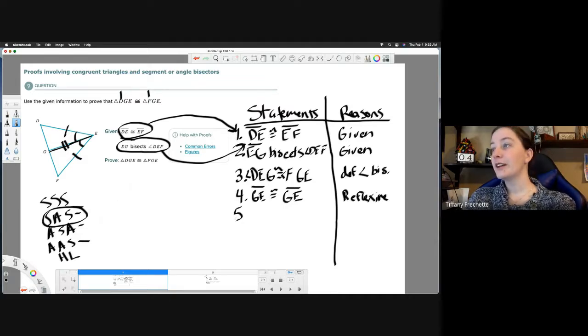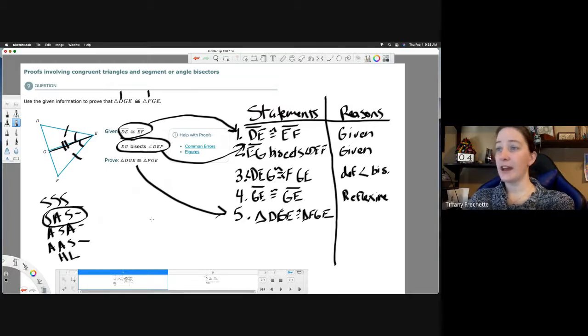So my very next statement here, I can write down my prove. And again, I believe there's a button that says send to prove. So you just click it and it goes right down there for you. So you go triangle DGE is congruent to triangle FGE.